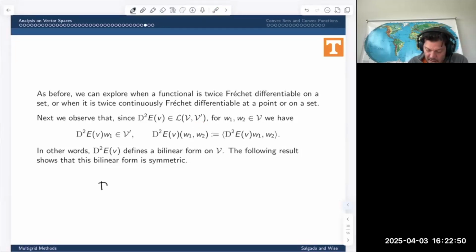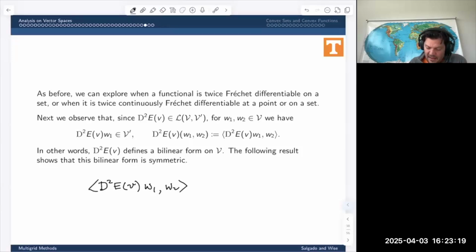So if we take this and apply it to w1, that gives us an operator which is in this space, V prime. That means I can apply it once more to another point. Let's call that point w2.